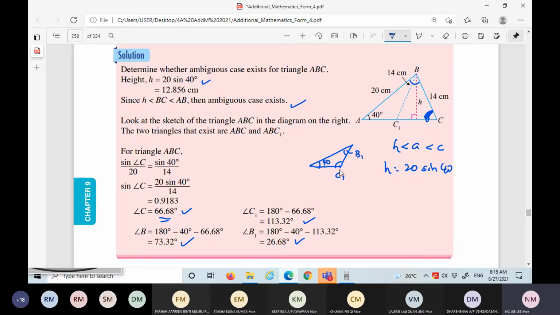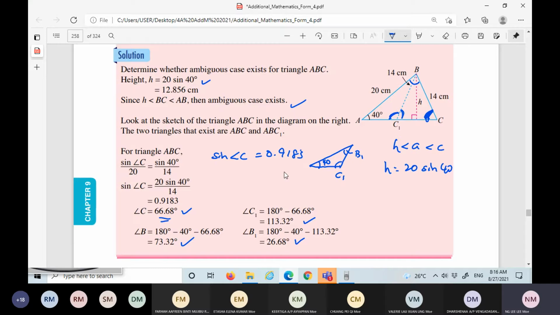Then the angle C1, which is this one, because this angle and this angle are the same, so you use 180 minus this angle to get this angle. Actually, even without looking at the diagram, sine C is equal to 0.9183.